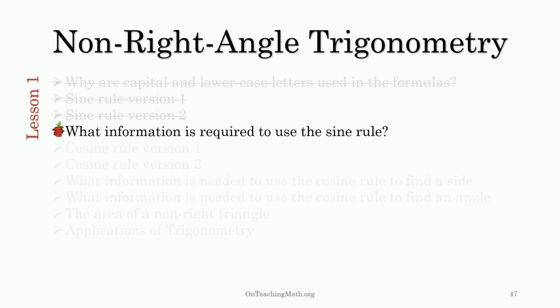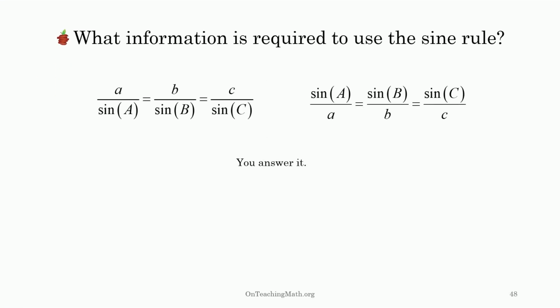So, the second part of the sine rule. Now, what information is required? We did talk about this in detail, but it's worth talking about again, because the trickiest part about using these rules isn't using the rule itself and the formula. It's not how you do it, it's when and why. So check this out.